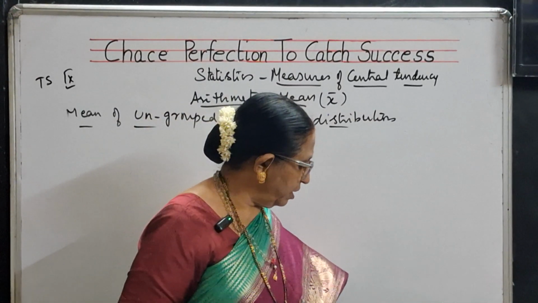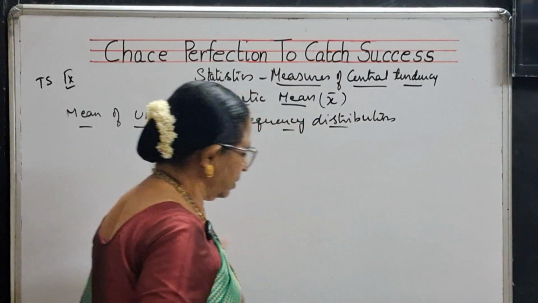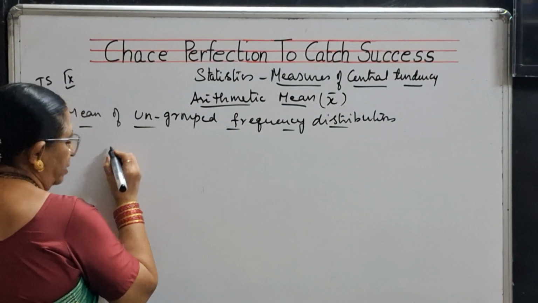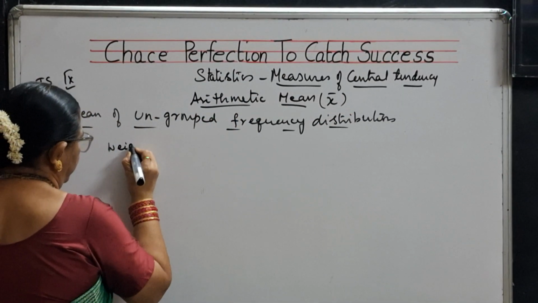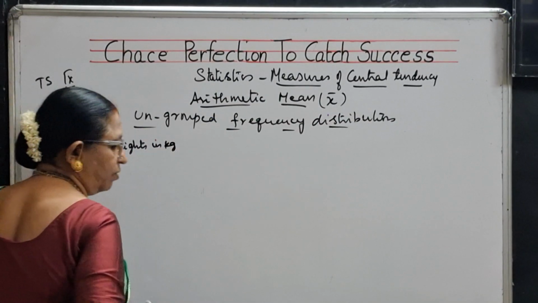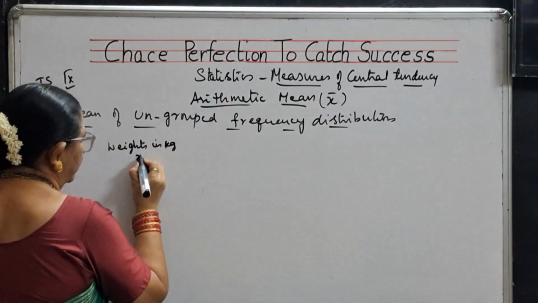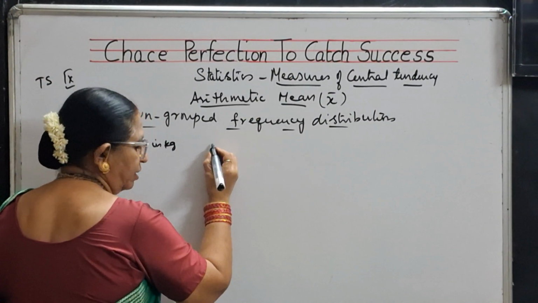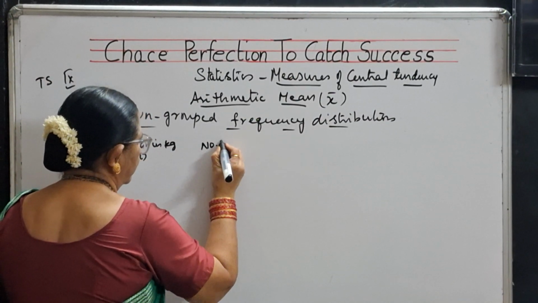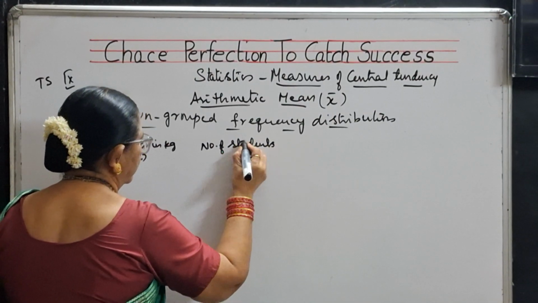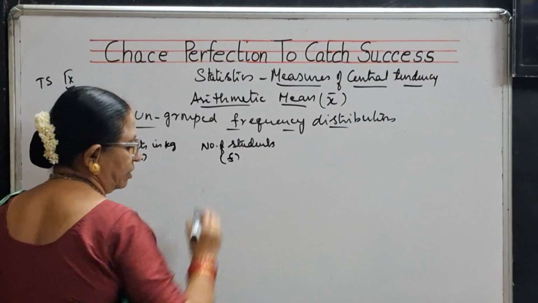So let us see, you have got a value given to you, weights in kgs. Weights in kg they have given. This is considered as x, and frequency, that is number of students, is nothing but frequency f.